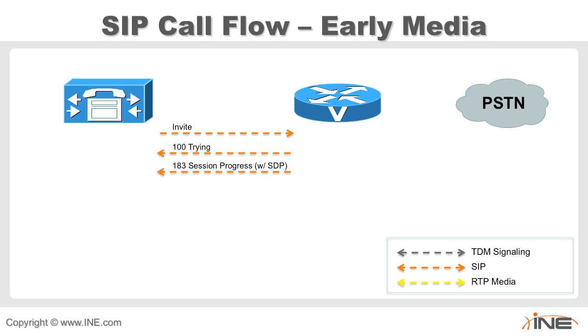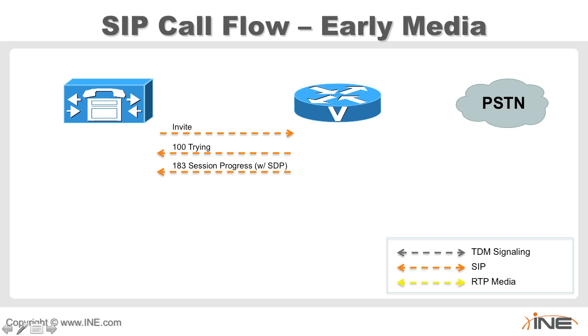It can send the SDP in the 180 ringing message, or it can send the SDP in the 183 session progress message. It just depends on what each IOS gateway or carrier is configured to do.